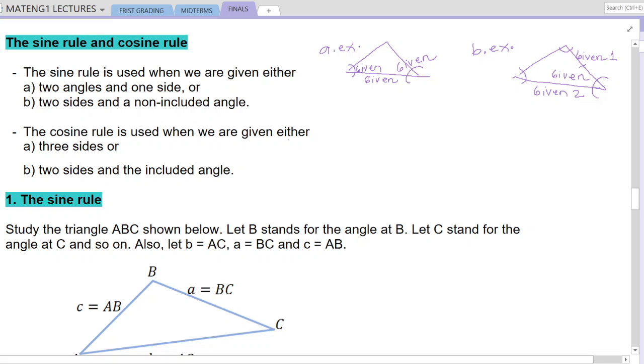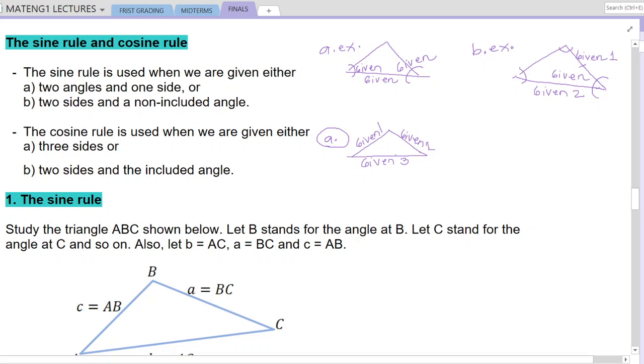For the cosine rule, we use it if we are given A, three sides, or B, two sides and the included angle. For example, we have a triangle where the three sides are not equal, so we are given the first side, the second side, and then the third side.